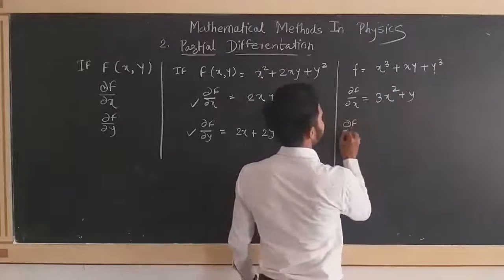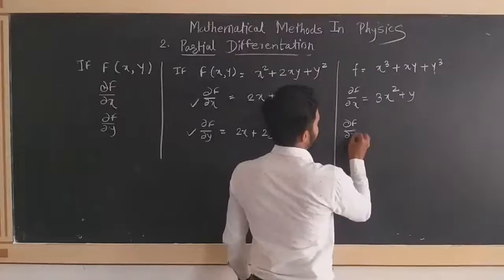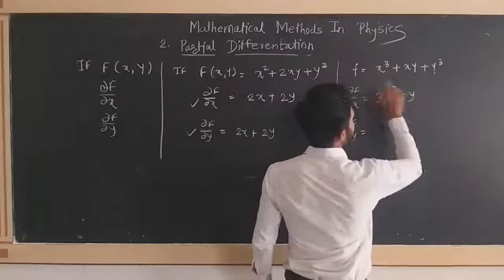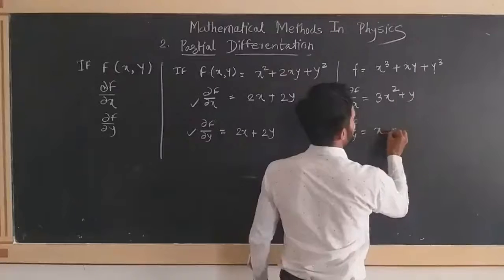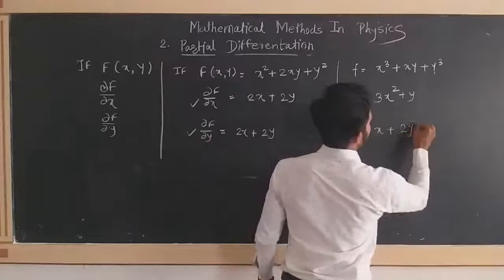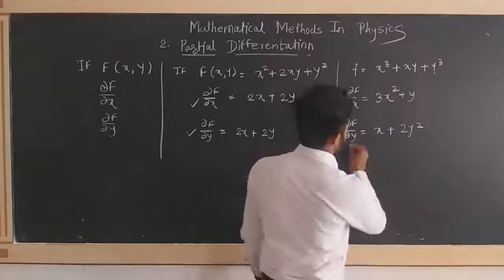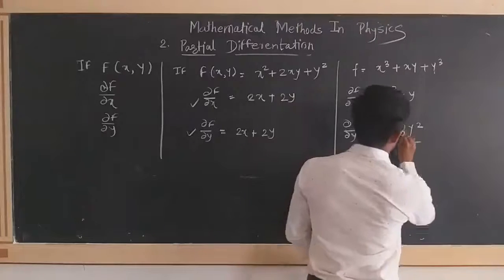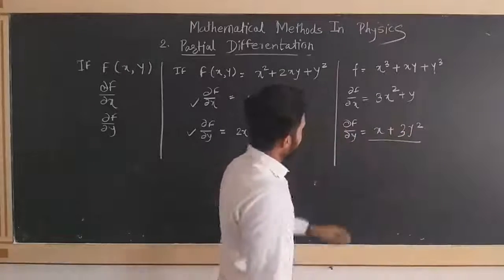Similarly, differentiate this function with respect to y. So ∂f/∂y we can write: this is the constant 0, and here x plus 3y square. Okay.